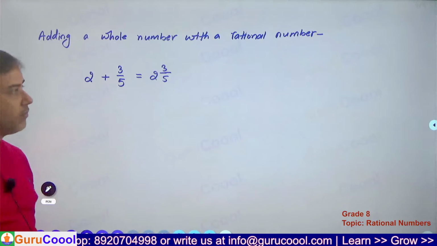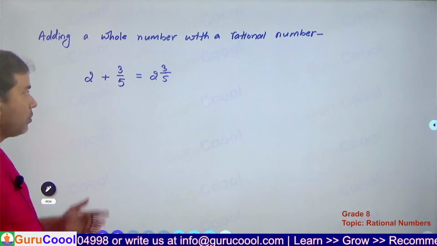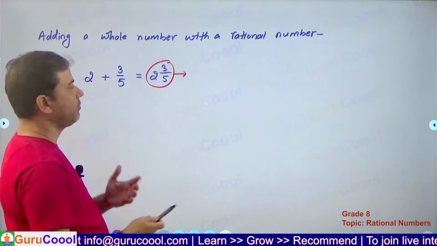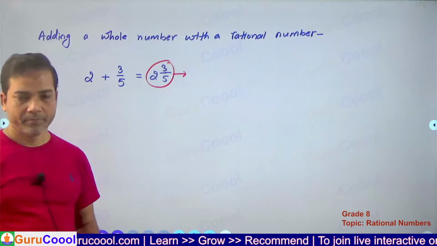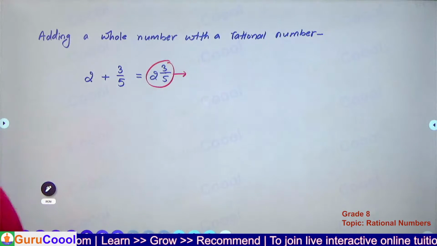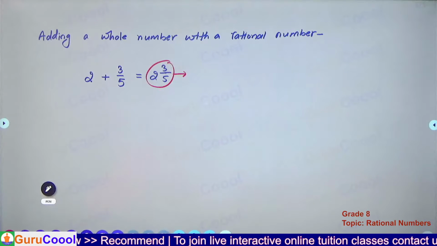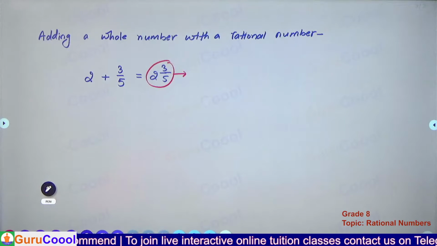Okay, sir. So how do you convert a mixed fraction into an improper fraction? Multiply the whole number with the denominator and add the numerator.